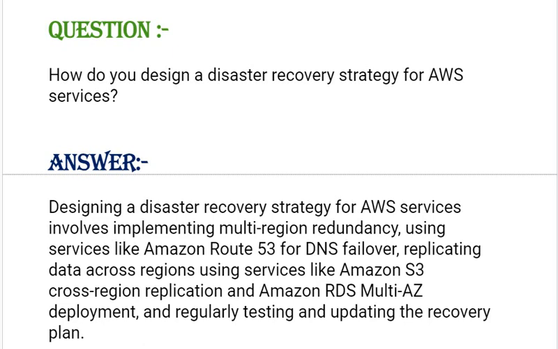Your answer should be: designing a disaster recovery strategy for AWS services involves implementing multi-region redundancy using services like Amazon Route 53 for DNS failover, replicating data across regions using services like Amazon S3 cross-region replication and Amazon RDS multi-AZ deployment, and regularly testing and updating the recovery plan.